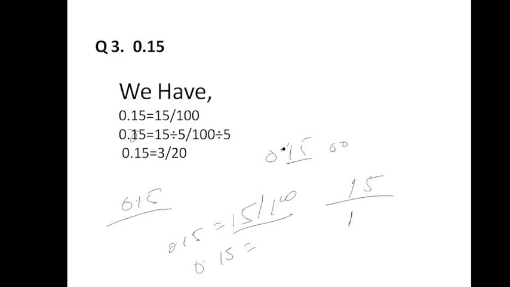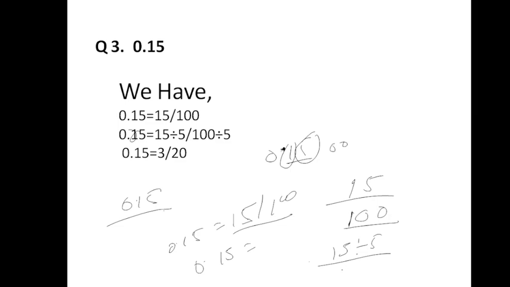So here there are 2 digits, 1 and 5, so we put 2 zeros on the right side of the 1. So this value is 15 by 100. The common divisor is 5, because 15 and 100 are both in the table of 5.